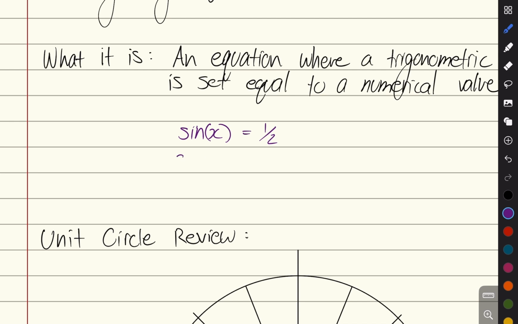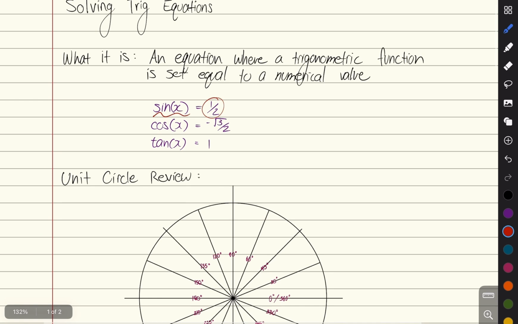And for cosine, we could be given a numerical value such as -√3/2. And for tangent, we could be given a numerical value such as 1. So in all of these, we can see that we have a trig function and we have a numerical value that is set equal to that function.